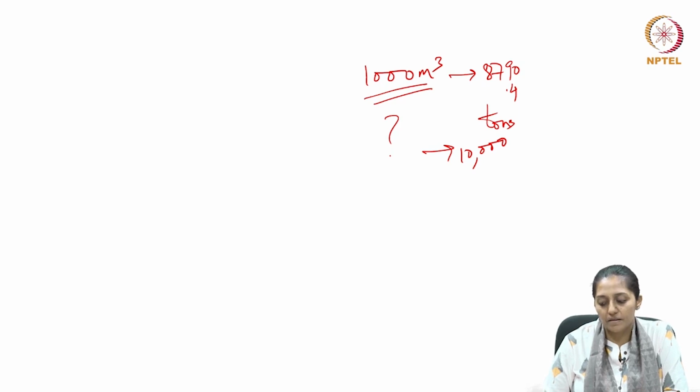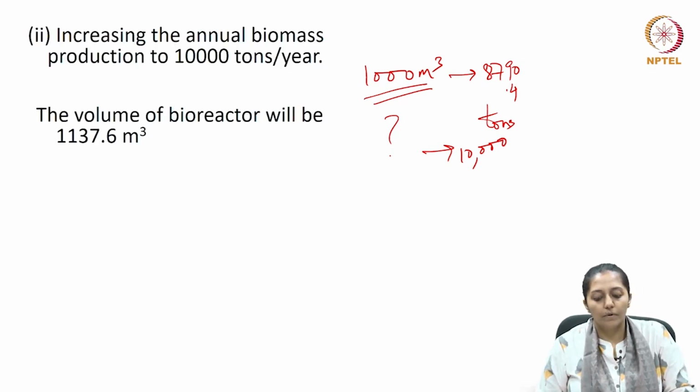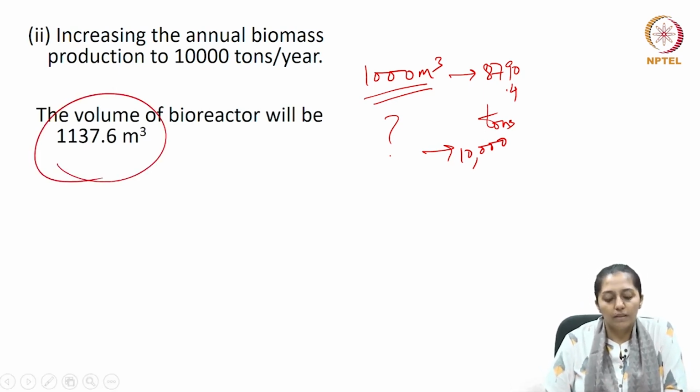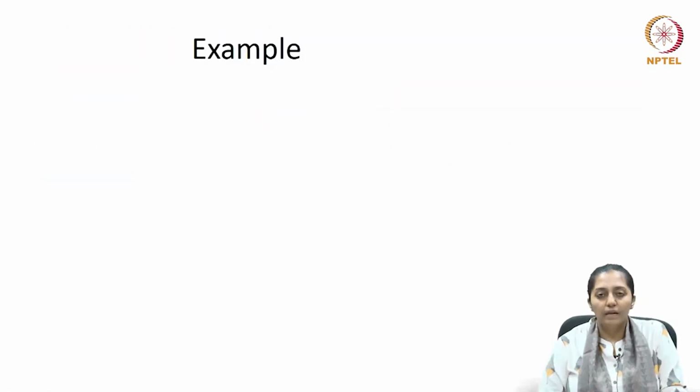Both are on a per year basis. So, that is a straightforward problem, and the answer is 11,037.6. Let us see another problem.